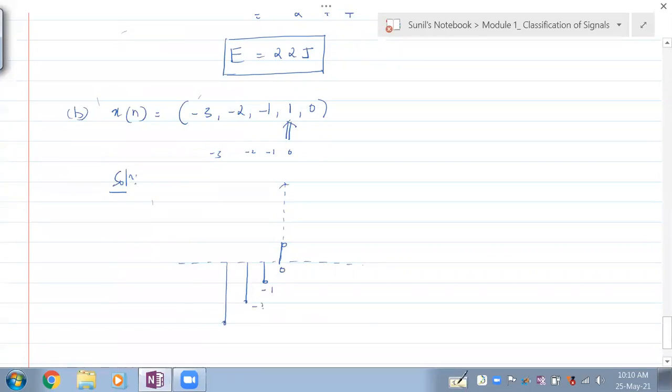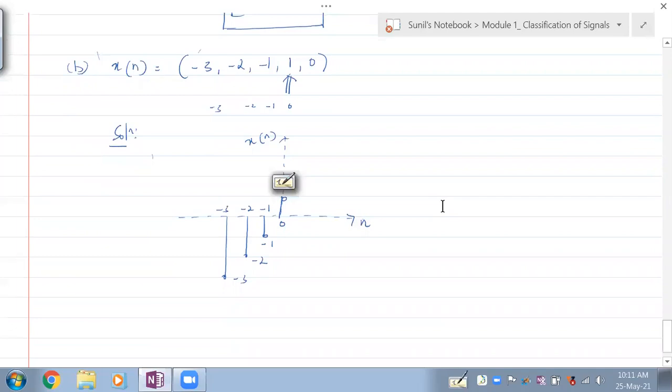So this is for minus 1, minus 2, and minus 3. This is what the signal x of n looks like. Understand that? Since we are asked to sketch, we are sketching it. That's it. Now, let's find out the energy of this.